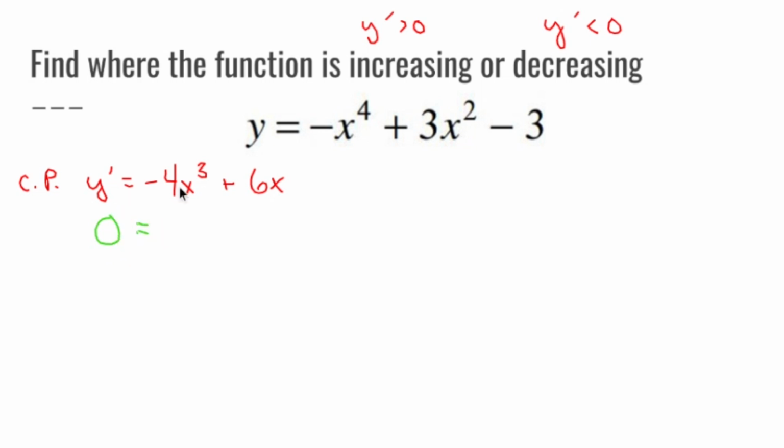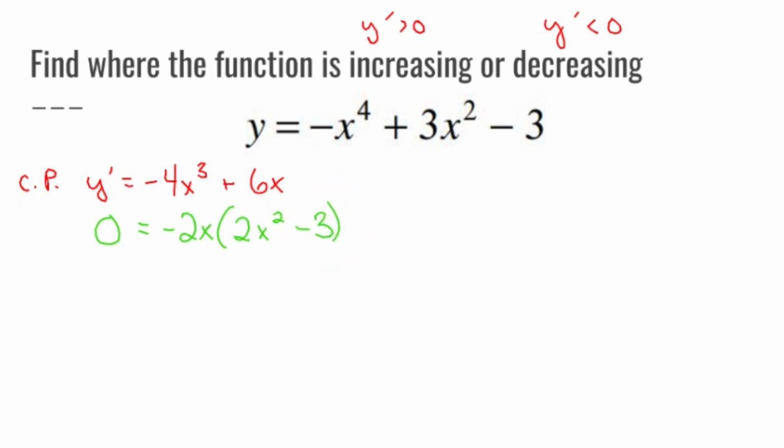While I'm at it, I'm going to factor negative 2x out, because 2 is divisible by these guys, the negative because I don't like my leading coefficient being negative, and there's an x in common with both. So when I divide a negative 2 from negative 4, I get 2. And when I take an x away from x cubed, I get x squared. When I divide a negative 2 from regular 6, I get negative 3, and that's it.